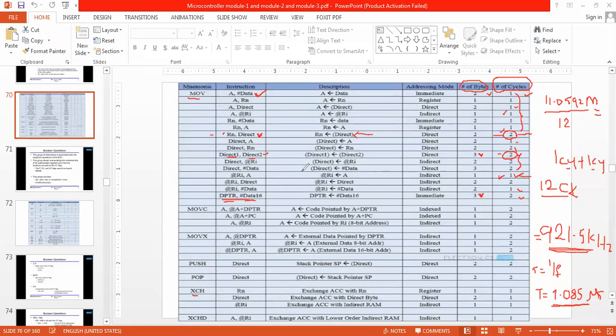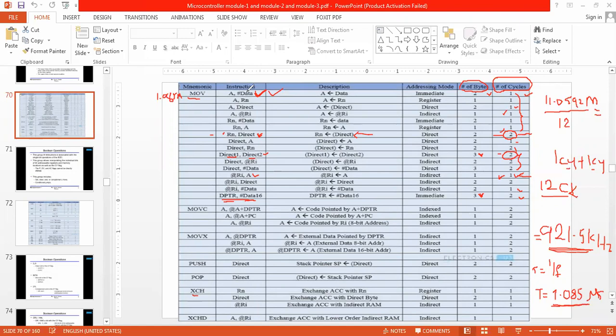So to execute the instruction MOV Ri, A or MOV A, #data, only 1.085 microsecond is enough. Within this time period, the operation will be completed.